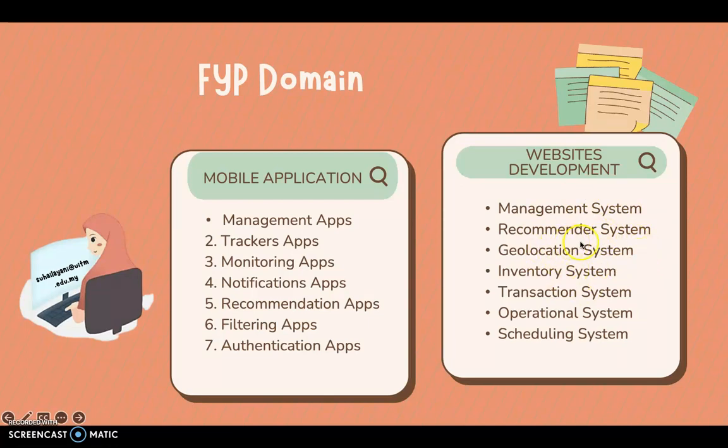And we also have a geolocation system, when you have geolocation features inside the system as your main focus. You are using the geolocation to send your map, to send your location, or the user can track the location of the user that is sending the map.